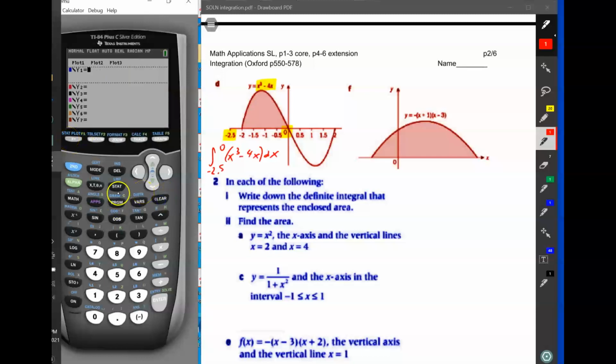We'll put x cubed minus 4x for the function, and then we're going to graph it. See if it looks the same. And then we're going to put in the limits negative 2.5 to 0. So we'll say second calc.